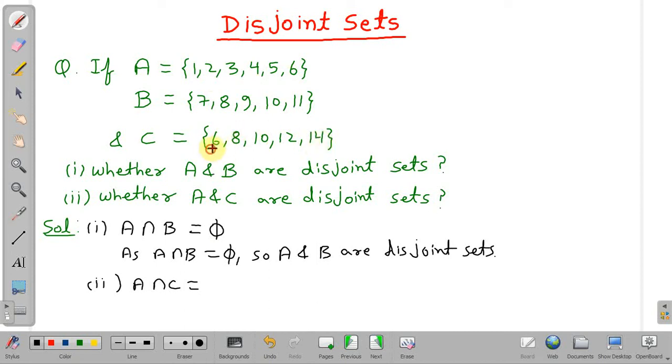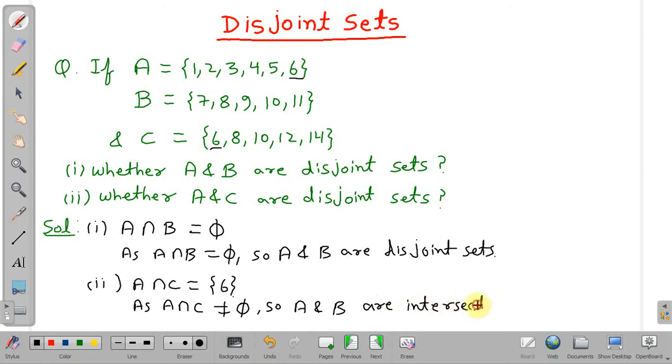We can see that 6 is a common element between A and C. So A intersection C will be {6}. As A intersection C is not equal to the empty set, that is, it is not an empty set, A and C are not disjoint, or we can say A and C are intersecting or overlapping sets.